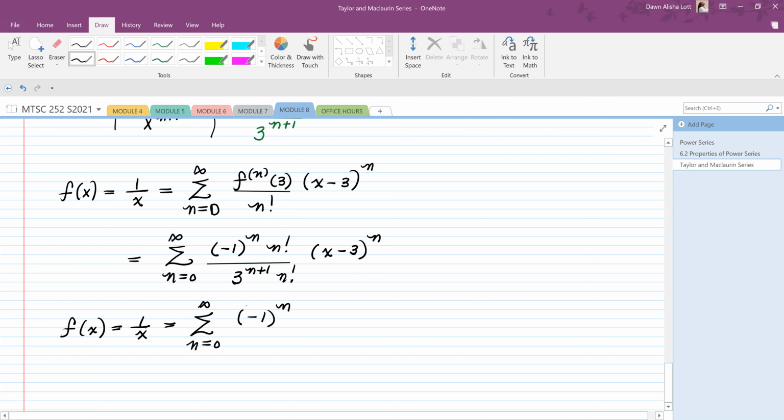And then, of course, you have to check the endpoints. And I think when you check the endpoints, you actually see that that's the only place it converges.